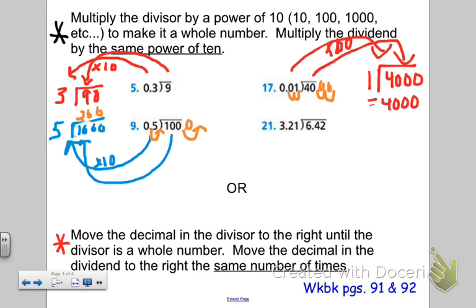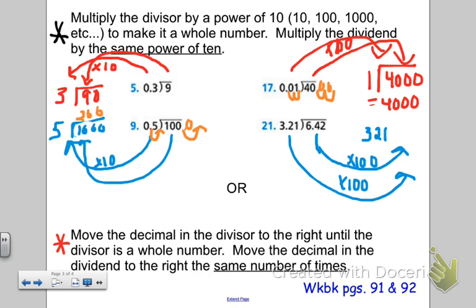Alright, let's look at the 21. Again, I think I'm going to multiply by 100 this time. So 3 21/100ths times 100 is going to give me 321. And if I do 6 and 42 hundredths times 100, once again I'm going to end up with 642.